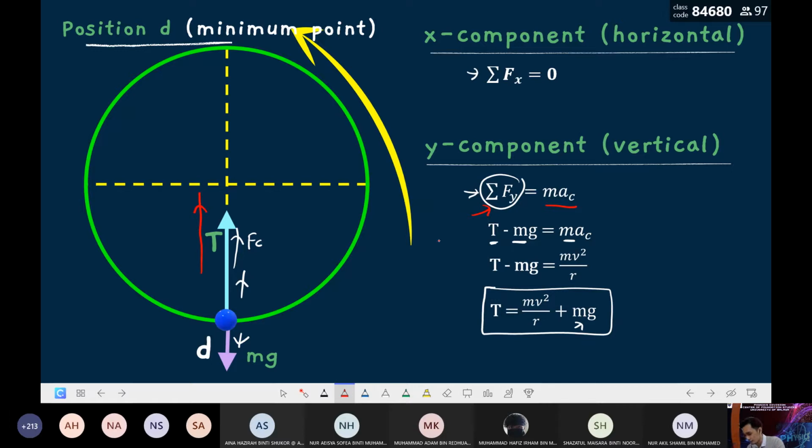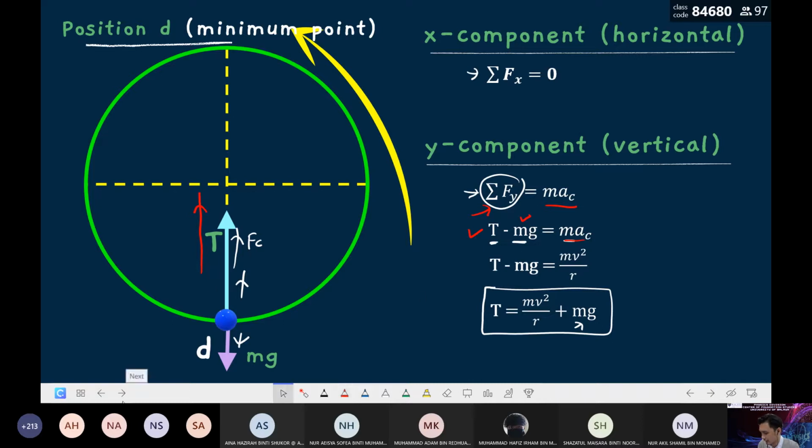And what forces involved in the Y component? We do have tension, and then we do have the weight, but the weight now is pointing downwards, so kita minuskan dengan the weight, and it is equal to m a_c. Then I rearrange this formula so that we can get that the tension is mv squared over r plus mg. So there is another additional force from the weight. Tapi dekat atas tadi dia ada pengurangan weight, dekat bawah dia ada penambahan weight.